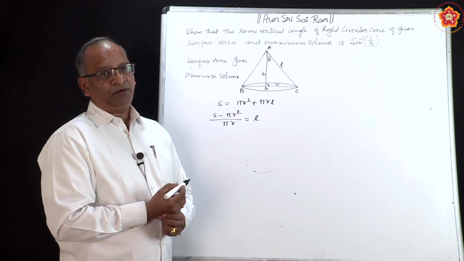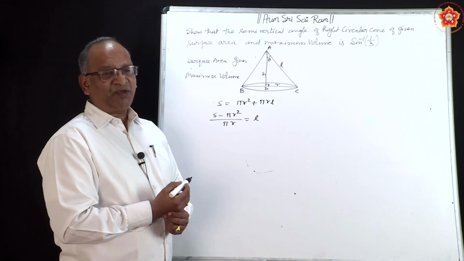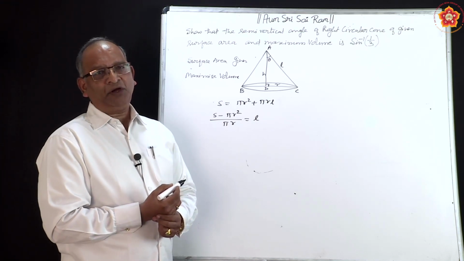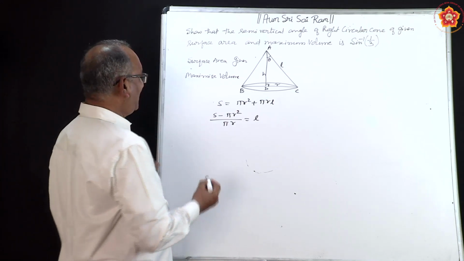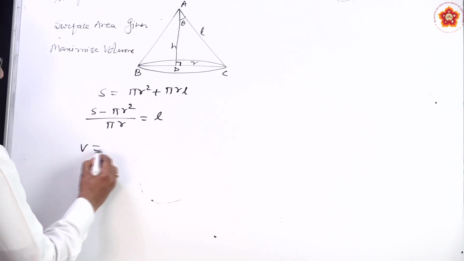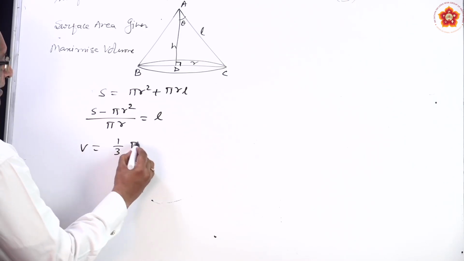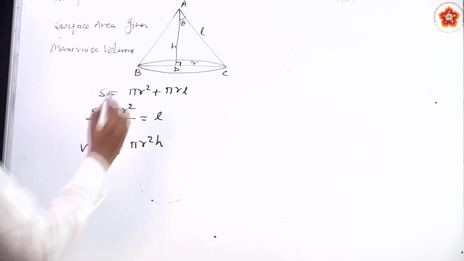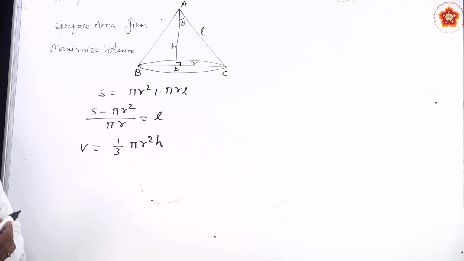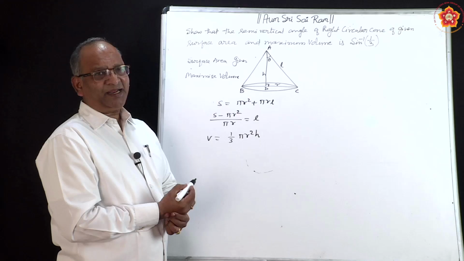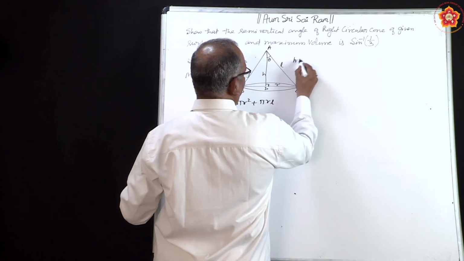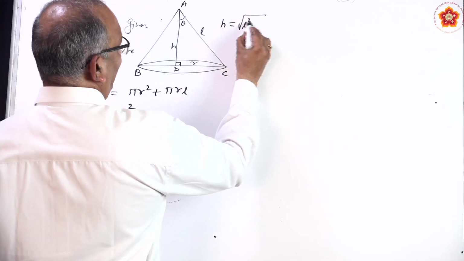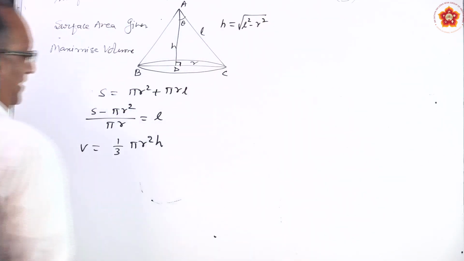Now let us come to the actual function. What is the function? We want to maximize volume of the cone. So what is the formula for volume of cone? 1 by 3 pi r square h. How will you get h? By using Pythagoras theorem, we can say that h is equal to under root of L square minus r square.